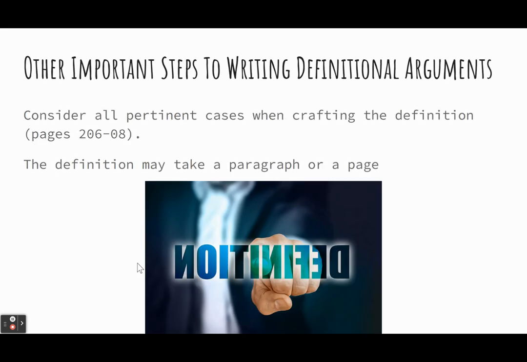Consider as many of the pertinent cases as you can. The page numbers here refer to Everything's an Argument. And that definition is going to take a good paragraph or a page to really flesh out. And then you're going to start showing why your definition is the valid thing. You're going to start making the argument after that.